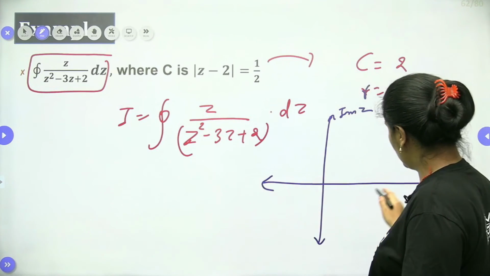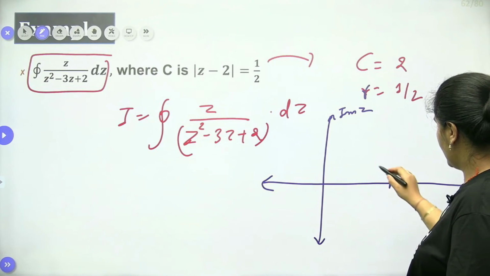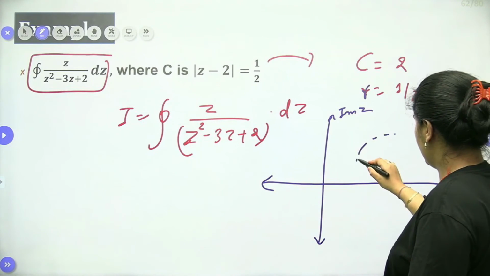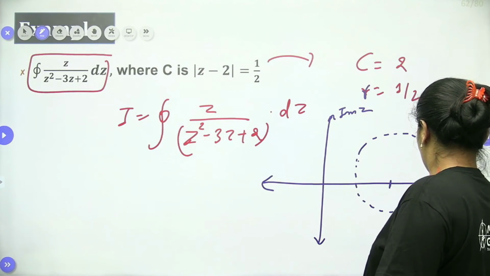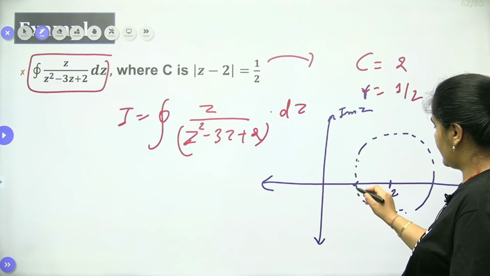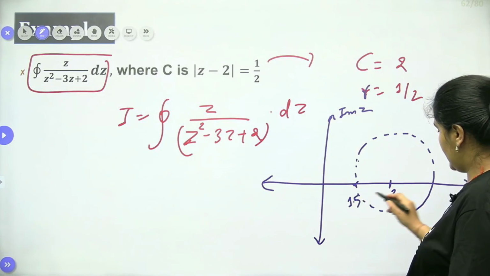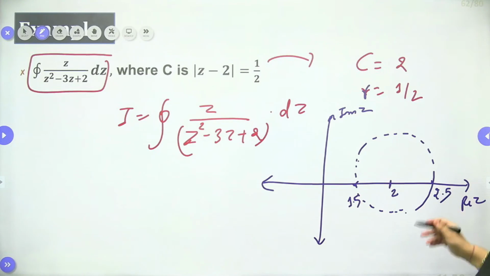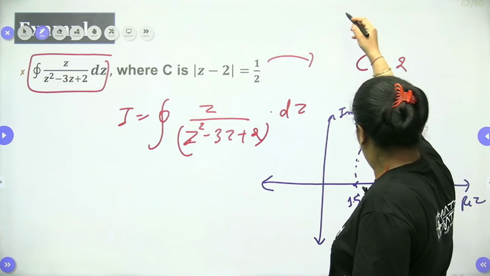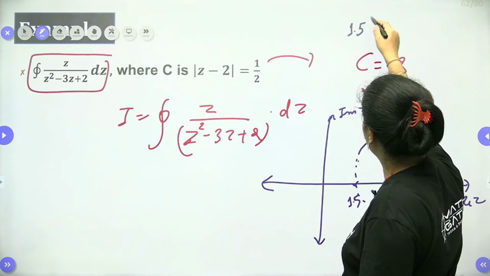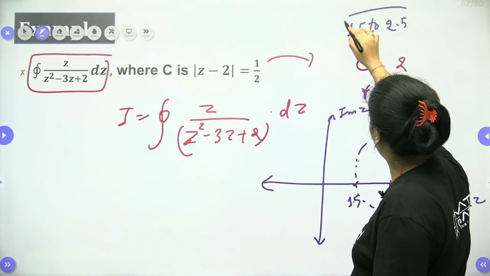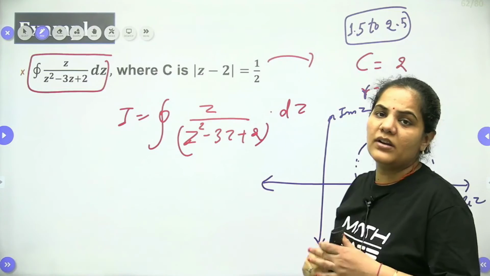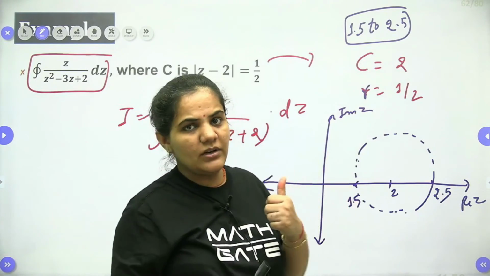The center will be at 2 only, and the radius is 1 by 2. Suppose this is 2, this is 1.5, this is 2.5. So we know very well the range will be 1.5 to 2.5, dear students. All those points lying in this range are inside this closed curve, right?